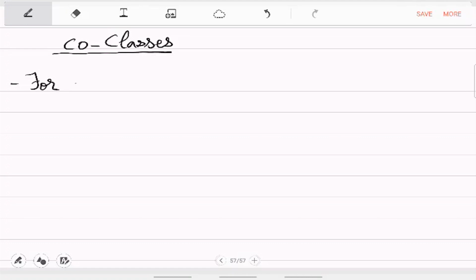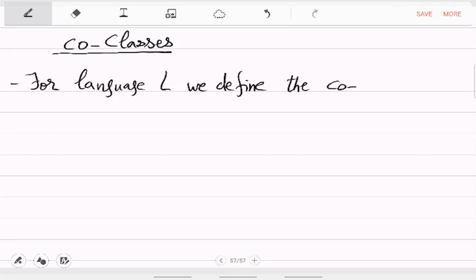So for a language L, we define the co-problem as L complement, just the complement, what it suggests.